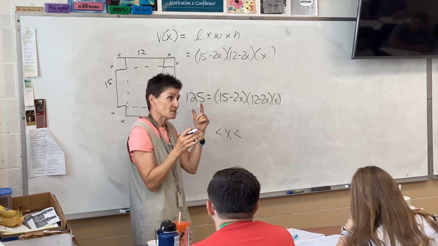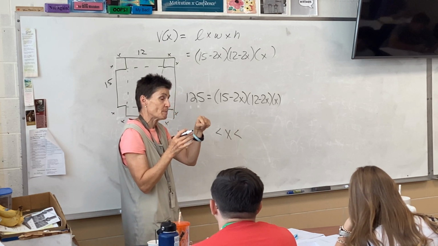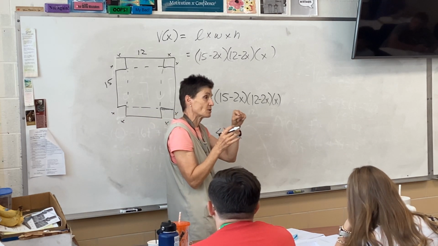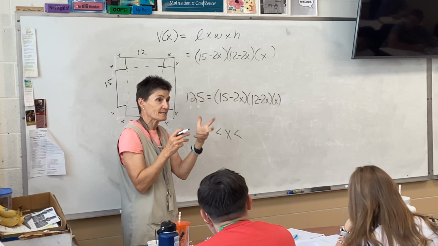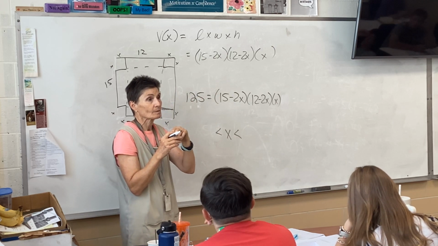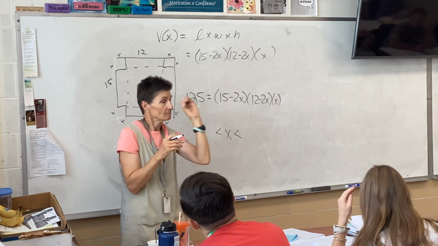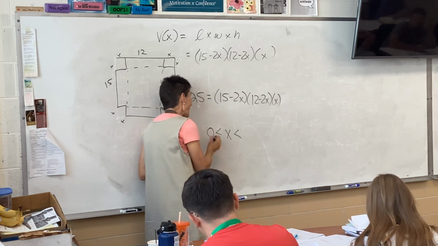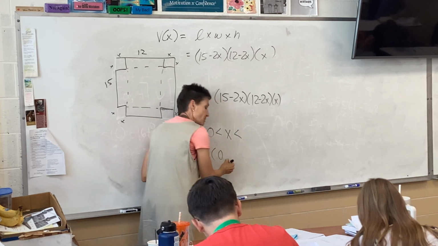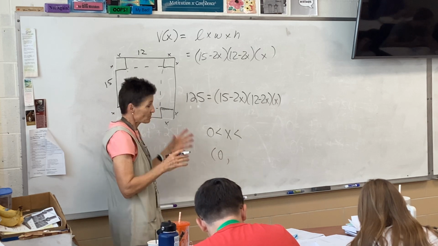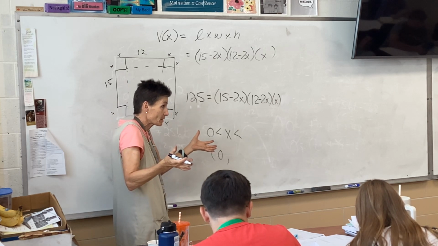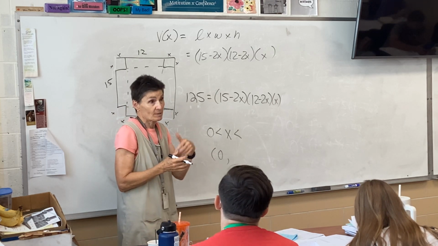So I better think about this before I look at my answers, because I don't want to have a bad answer. What's the smallest x can be? 0. Now, x can't actually be 0, because if x were 0, I wouldn't have a box. But it can be anything bigger than 0.